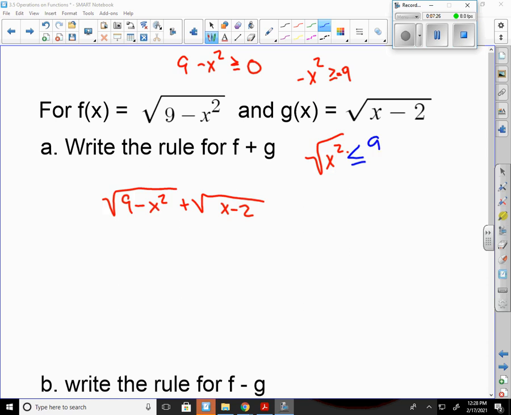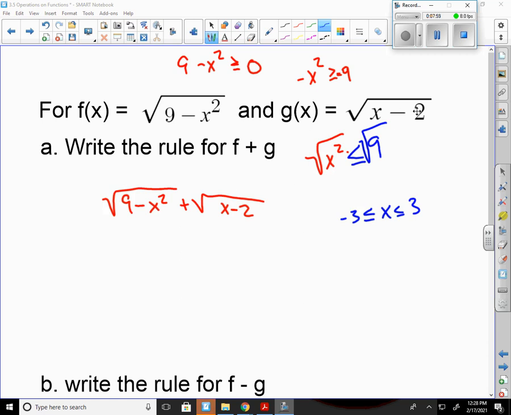So that should be less than or equal to 9. That's better. So then taking the square root of both sides, it gives me a plus or minus solution. So I would get x has to be between negative 3 and 3. Because if I plug a negative 3 in for x, negative 3 squared is positive 9. So I have to take that solution into account. So that's my domain for the first function.